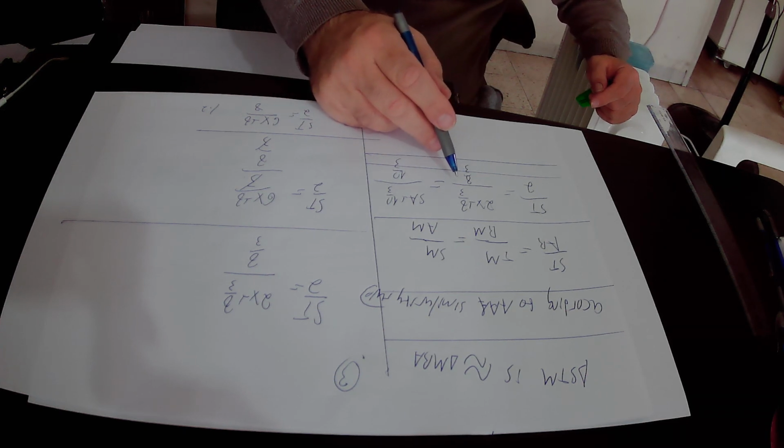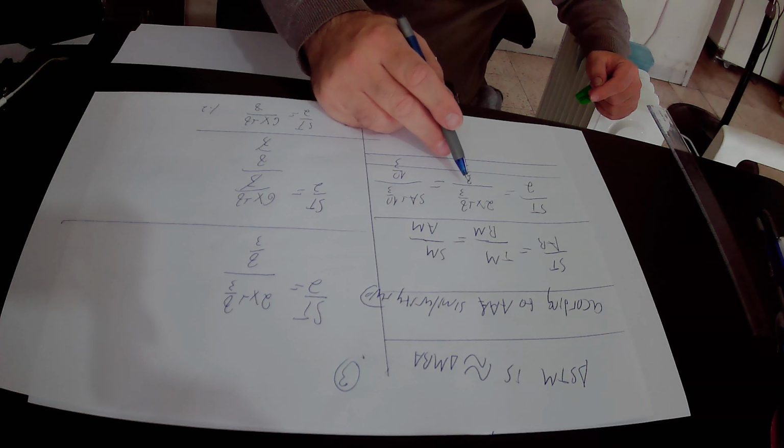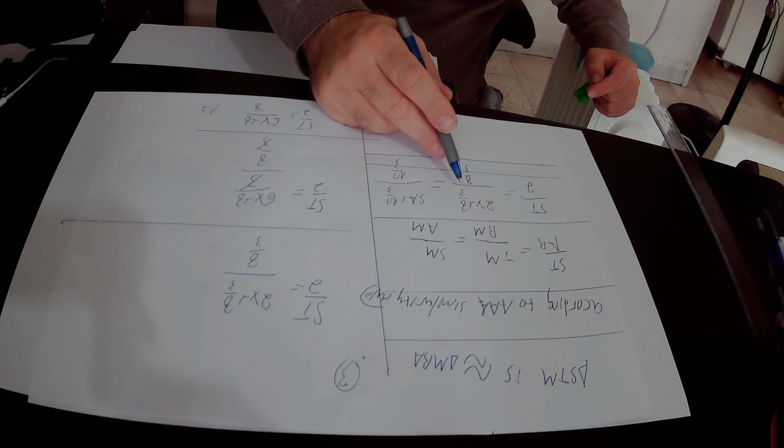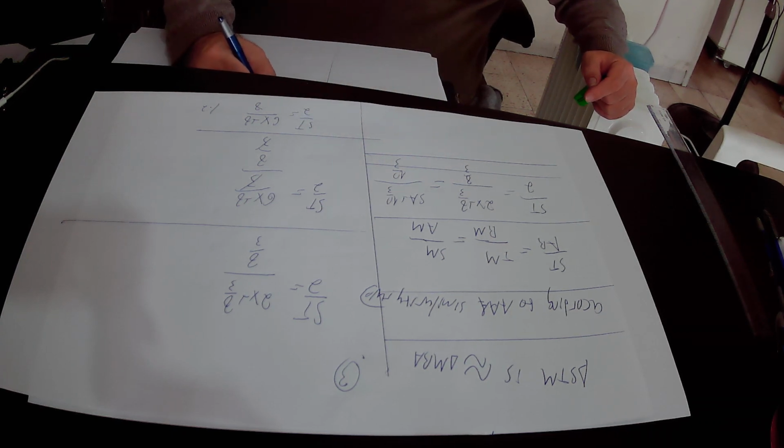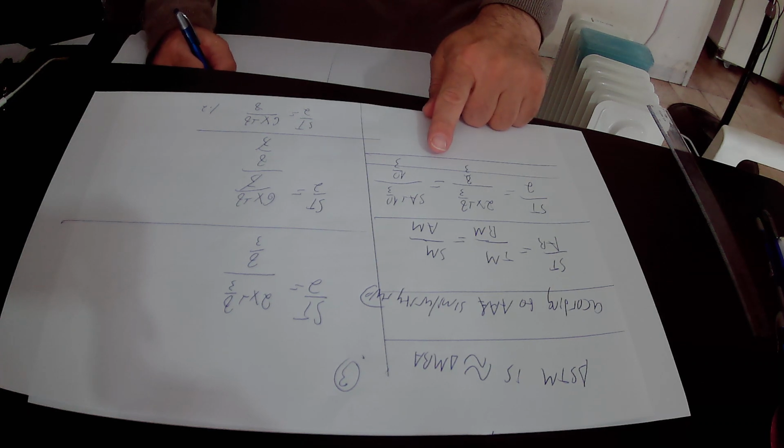So here we have this 2x plus 8 over 3 over 8 over 3. That equals SA plus 8 over 3 over 8 over 3.